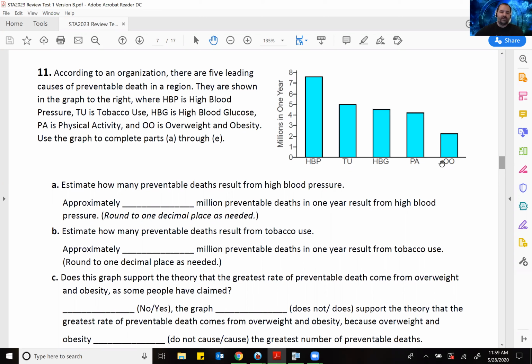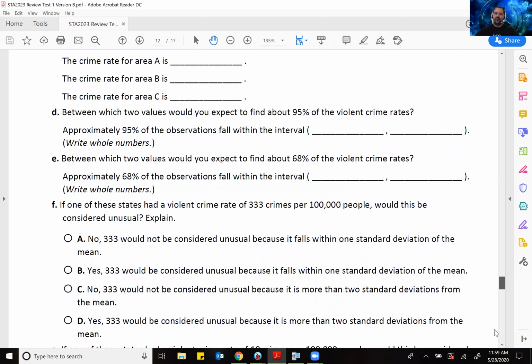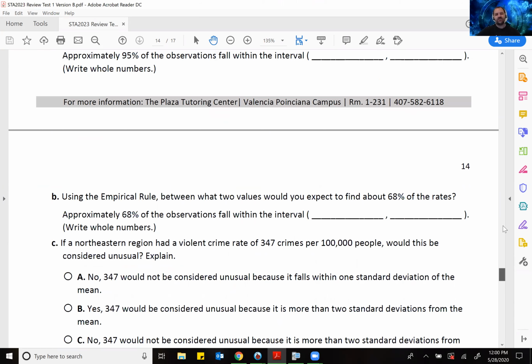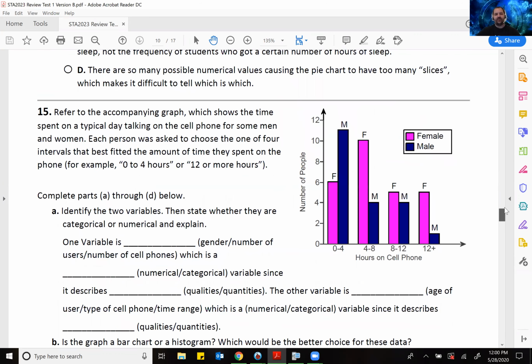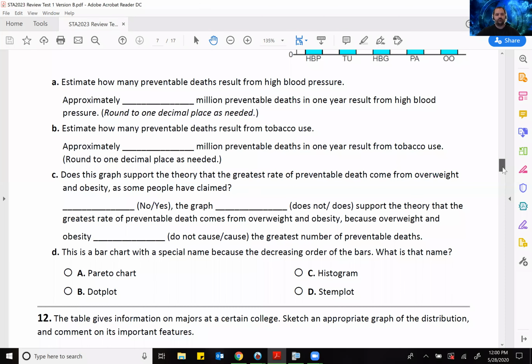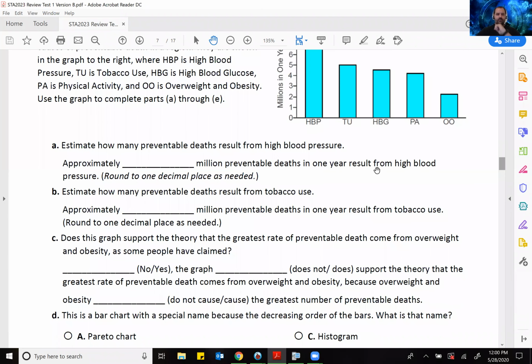It does say 1 decimal place, so I include the 0.0 just to appease MyMathLab. I don't know if it will count you wrong if you just put 5, so just be cautious of that. If the decimal is a 0, just go ahead and put it in. Why risk it?